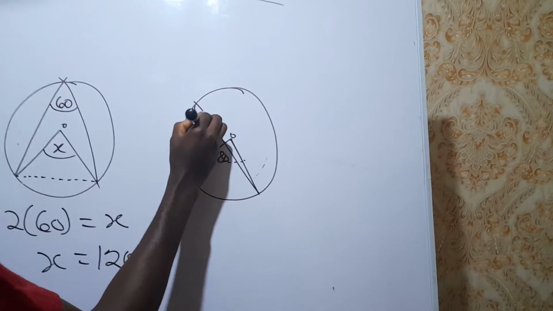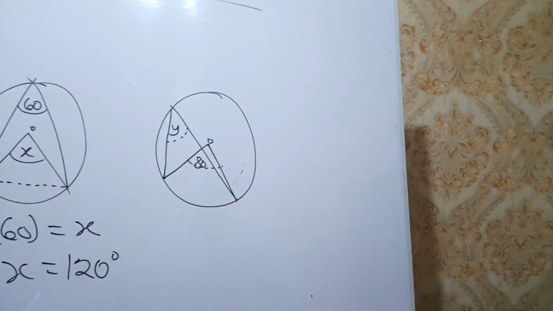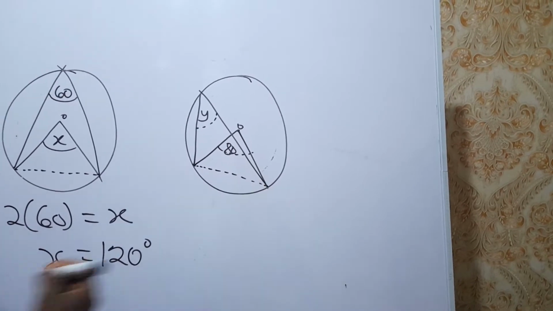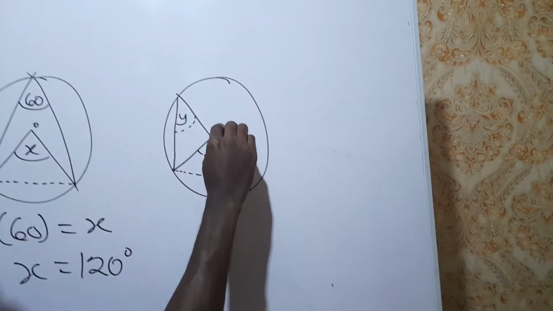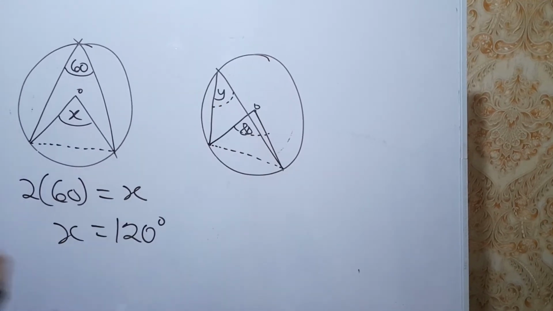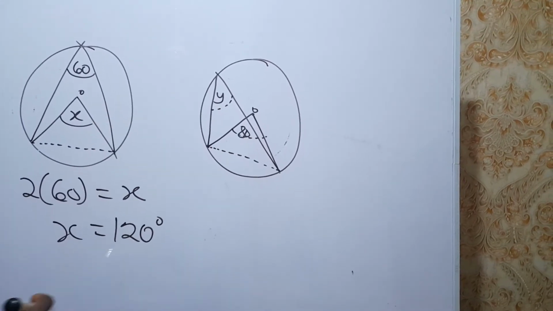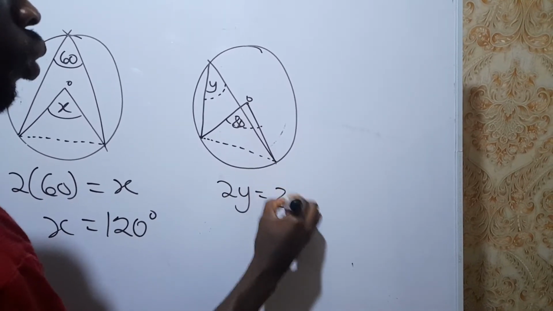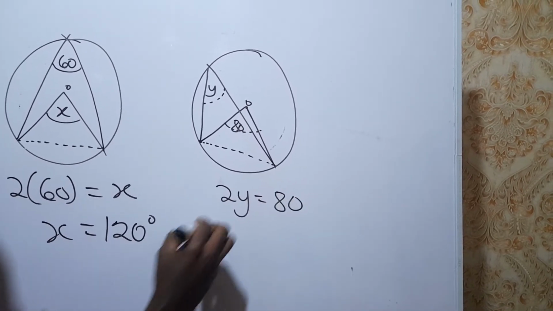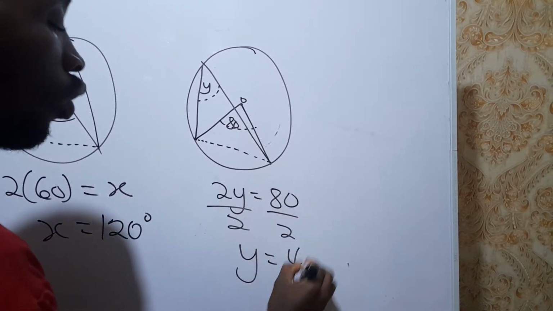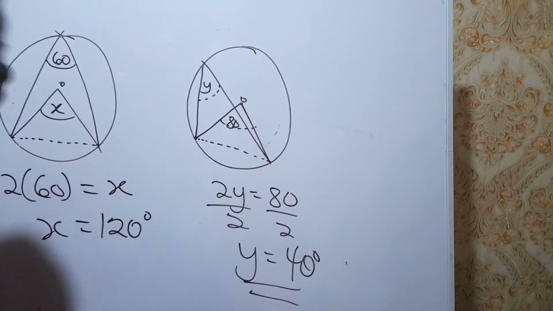And here to be Y, and I'm asked to find Y. Look at it. We say there is a chord, a hidden chord. So a chord sustains an angle at the center of the circle. The same chord again sustains an angle at the circumference of the circle. Twice the angle at the circumference is equal to the angle at the center. So we say 2Y will be equal to 80 degrees. When we divide both sides by 2, Y is nothing but what? 40 degrees. I hope you get that.